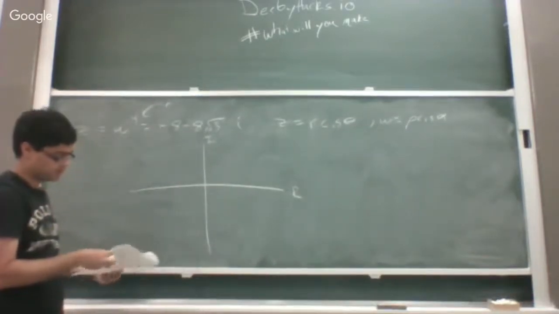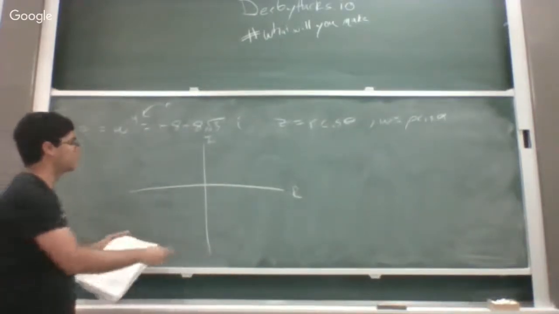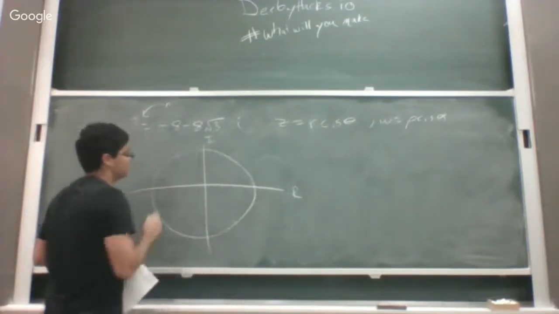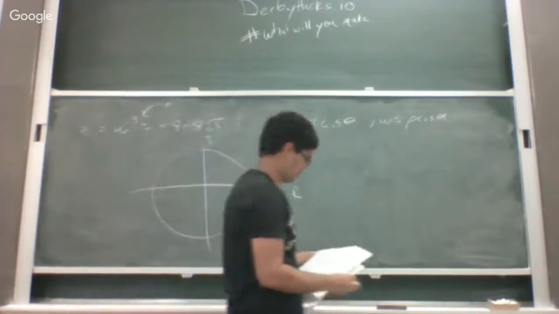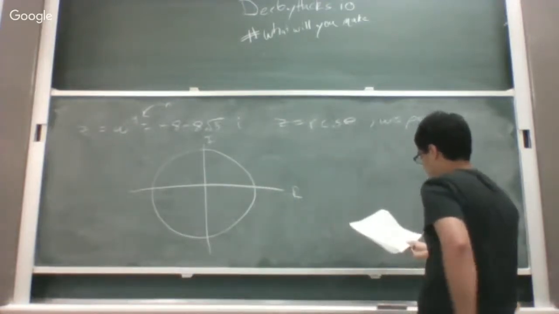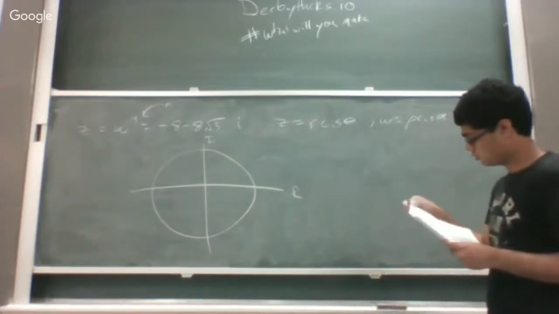They give you guys that with a circle on it. We found 4 values.